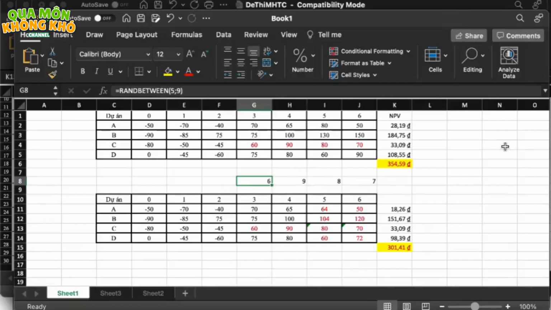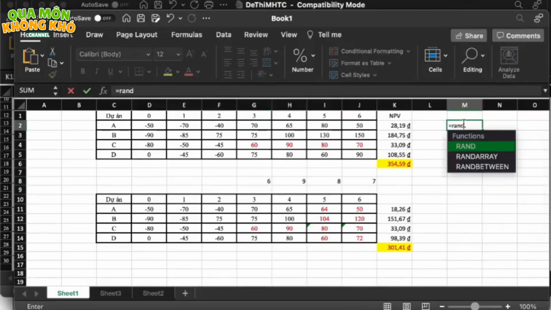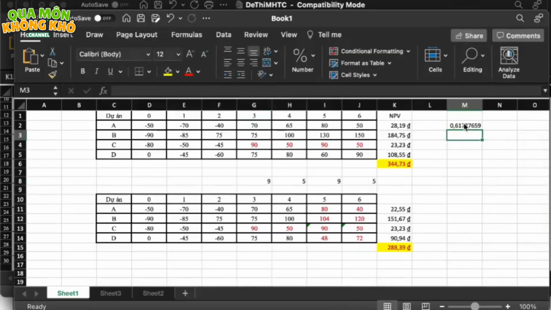Còn hàm rand, bản chất của nó là tạo ra con số liên tục từ 0 cho tới 1, nhưng nó cũng là đồng dạng, tức là mỗi lần con số này xảy ra, xác suất nó sẽ là một phần từ 0 cho tới 100%.